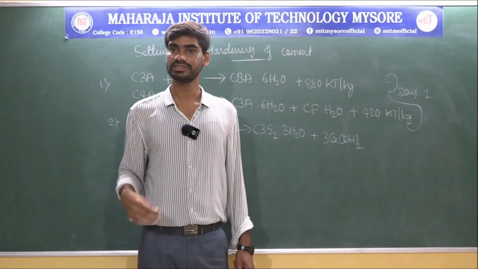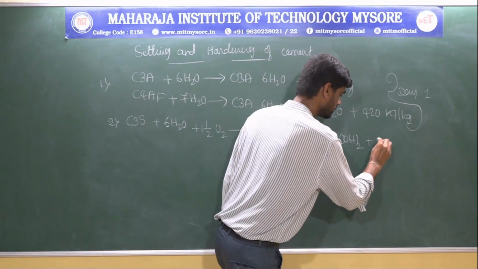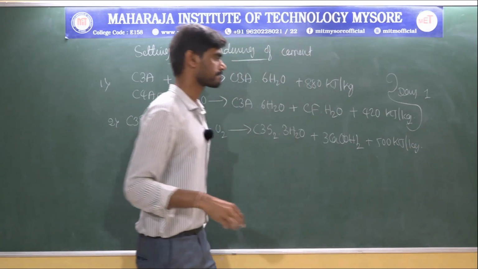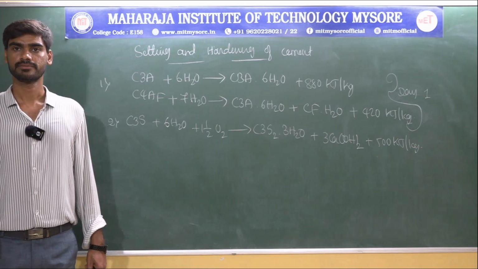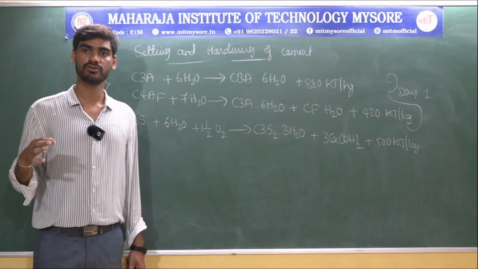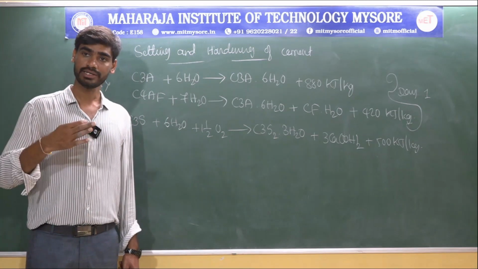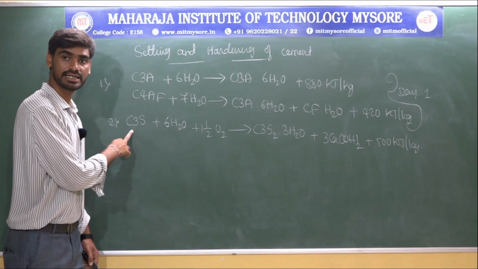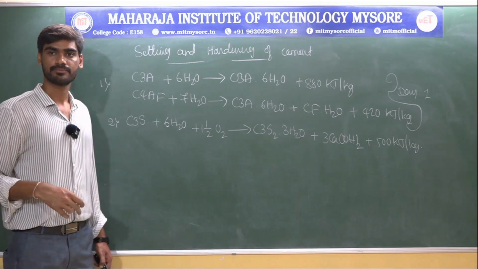It also generates heat energy of about 500 kilojoules per kg. So that means the setting and hardening of cement from day 1 to day 7 is mainly caused by C3S content.